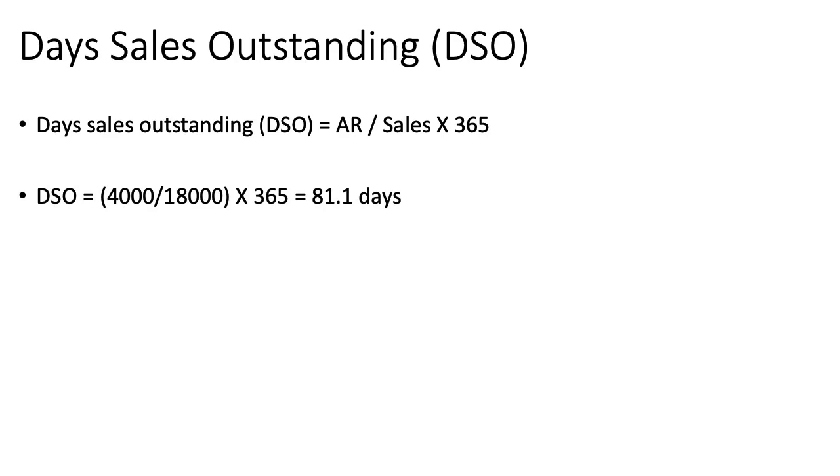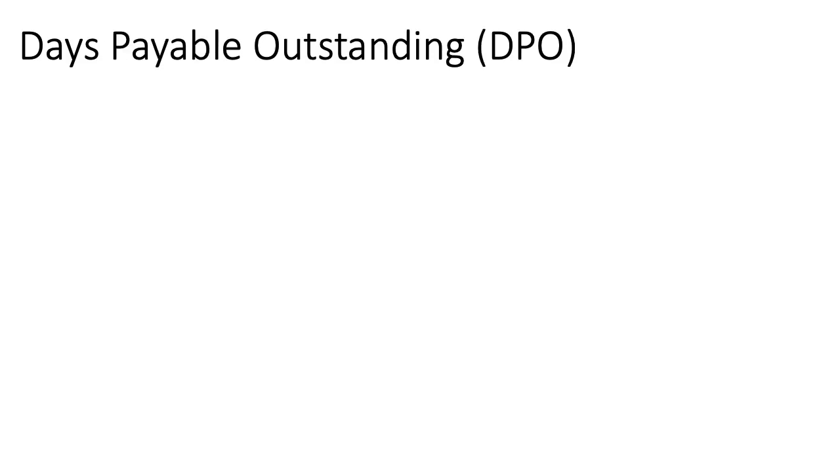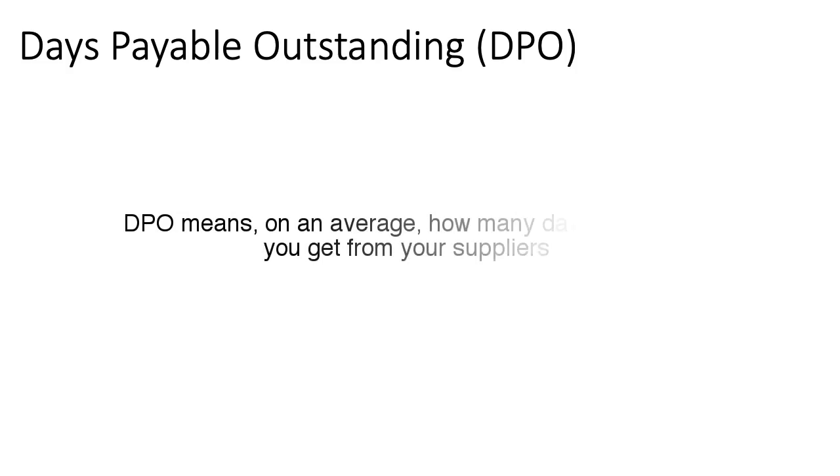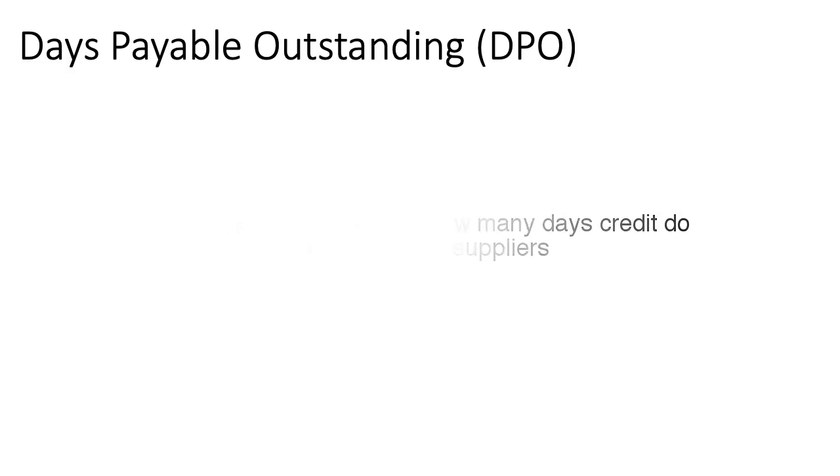On the other hand, days payable outstanding, DPO, means on an average how many days credit do you get from your supplier. That is, within how many days do you have to make the payment to your suppliers after you have made a purchase from them.